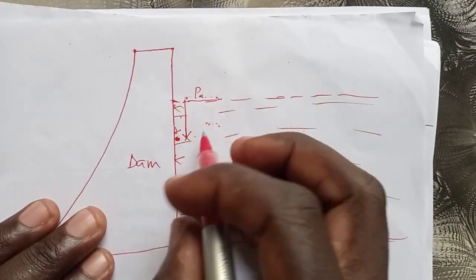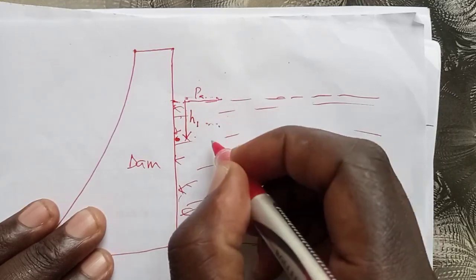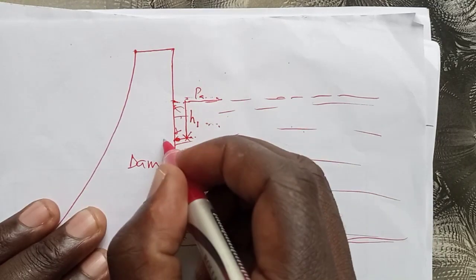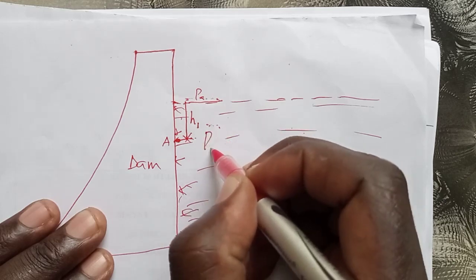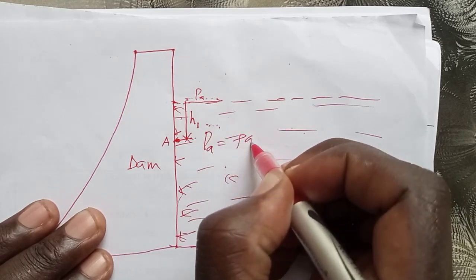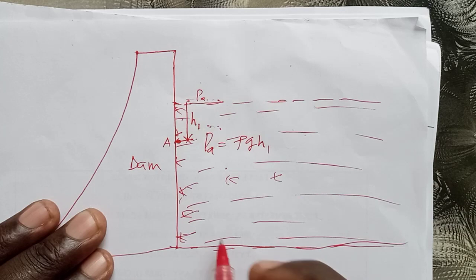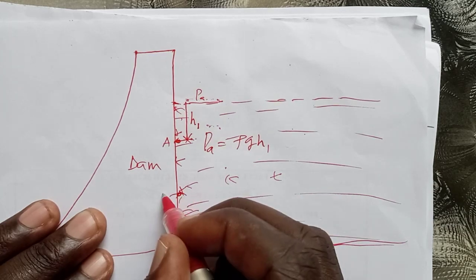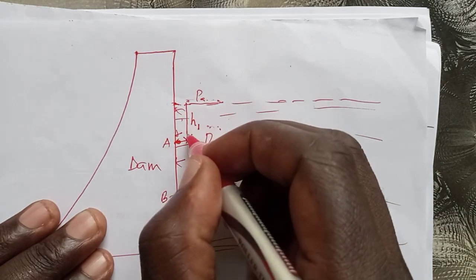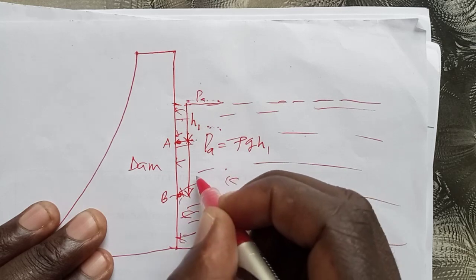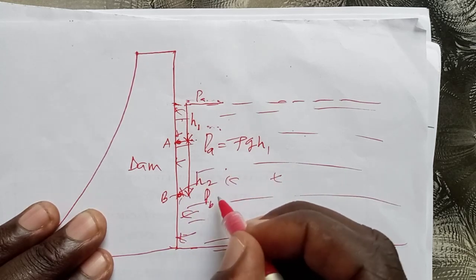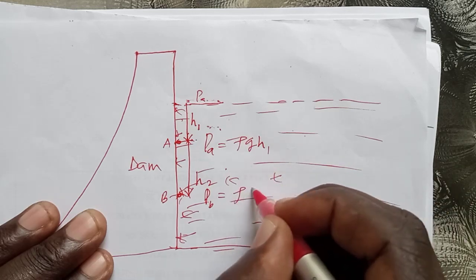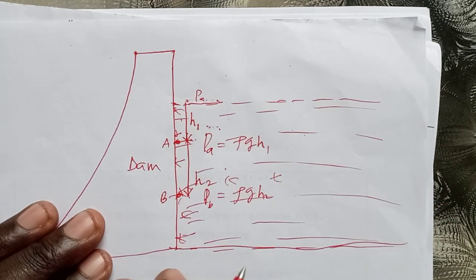And because I have depth, let's call this h1, then the pressure at this point, let me call this point A, the pressure at point A is rho g h1. If I go down here and I call this B, then you see the depth has increased, and I can call the height h2. So the pressure at point B is rho g h2, and on and on.